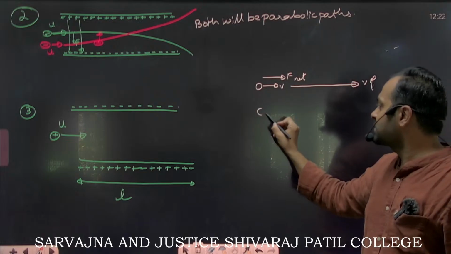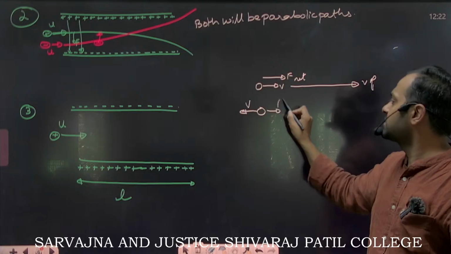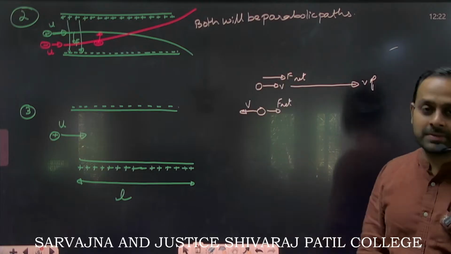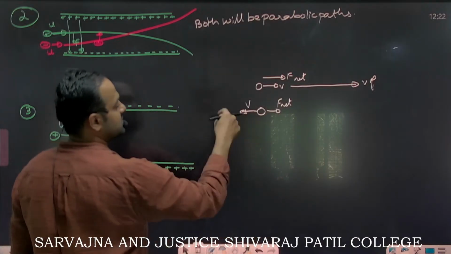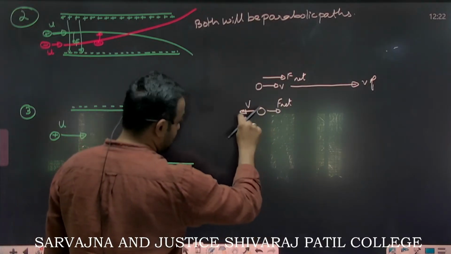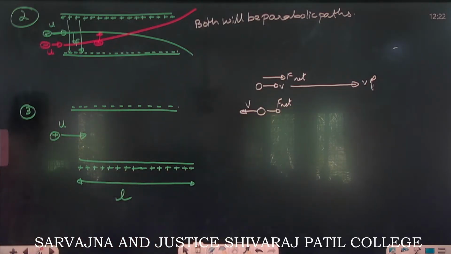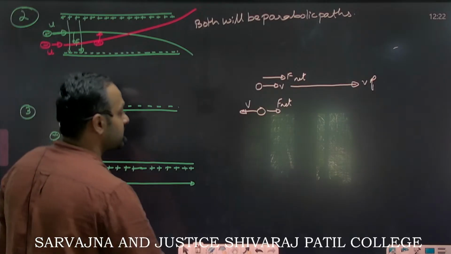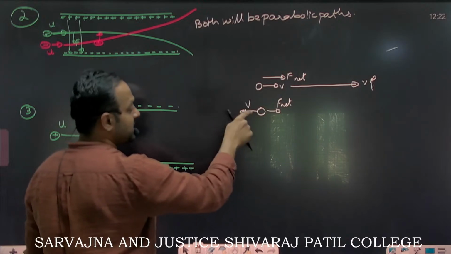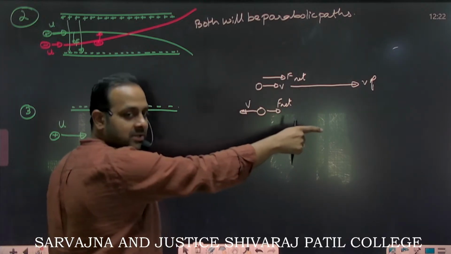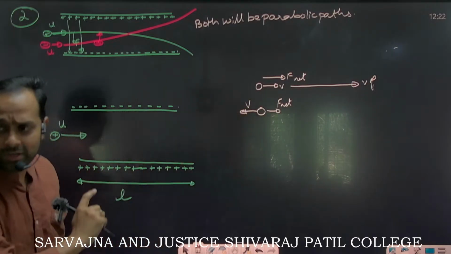Again, if the force and velocity have an opposite relation, say the velocity is towards the left and the force is towards the right, in the opposite direction, what will happen? Because of this force, the velocity will keep decreasing, but it does not mean that it will immediately go towards the right. The direction in which it moves depends on the velocity.